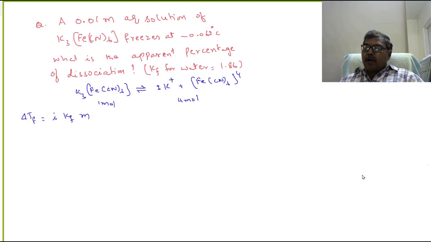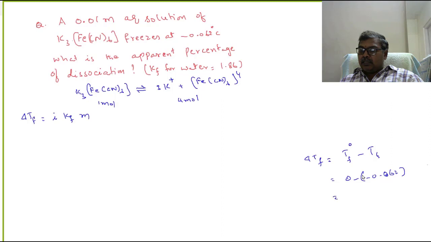Solution freezing point minus 0.062. So, delta TF equal to TF naught minus TF, TF naught 0 minus minus 0.062 degrees Celsius.